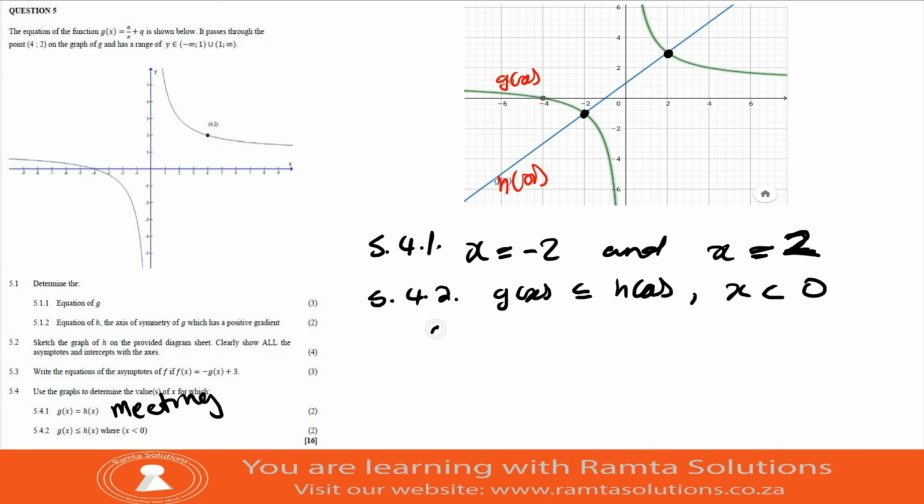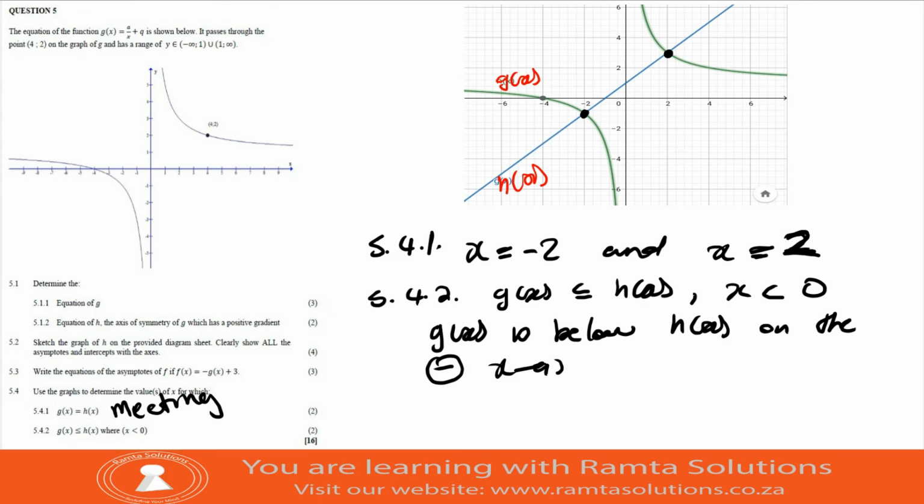It says g of x is below h of x on the negative x-axis. Okay, this is what the question says. g of x is less or equal to, so basically it is below or equal to h of x.